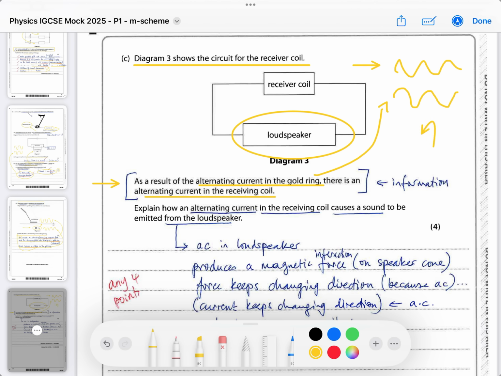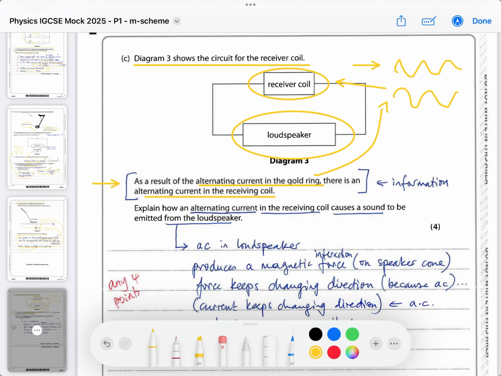That magnetic field that you're producing in the gold ring will be detected by the coil in the receiver, the same way as the gold ring could detect the changing magnetic field. Now that changing magnetic field will induce, again in the same way, a voltage in the receiver coil.